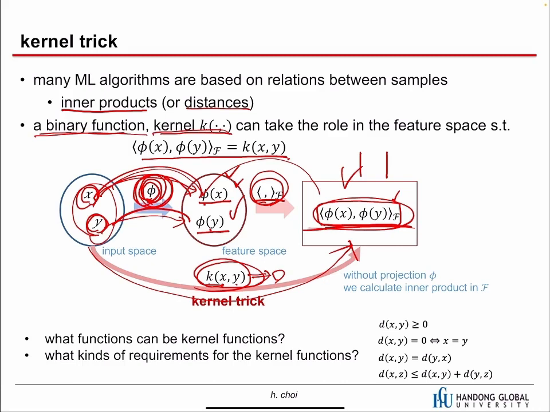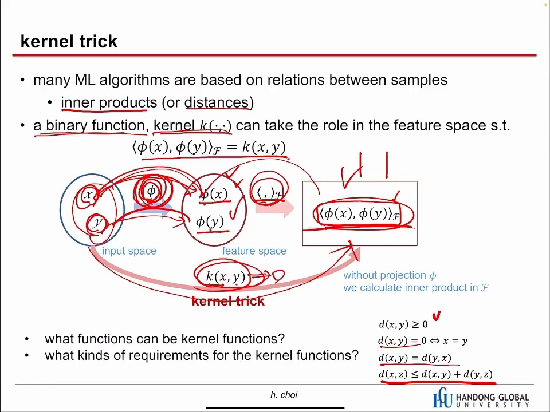Remember when we talked about distance? Mathematically, to define a distance, we have to satisfy a couple of conditions: the distance between two points should be positive, and if the distance is 0, then x and y should be at the same point, and it should be symmetric, and it should satisfy the triangle inequality.